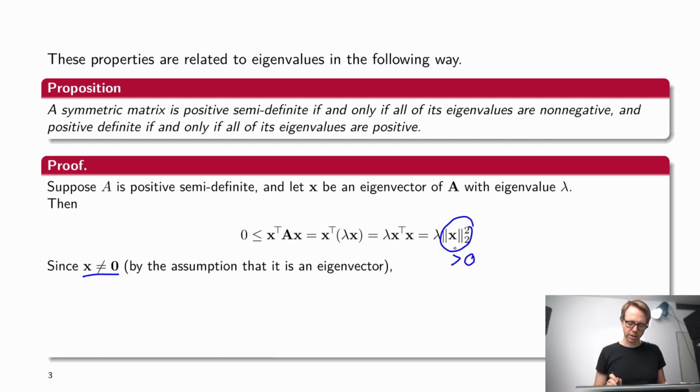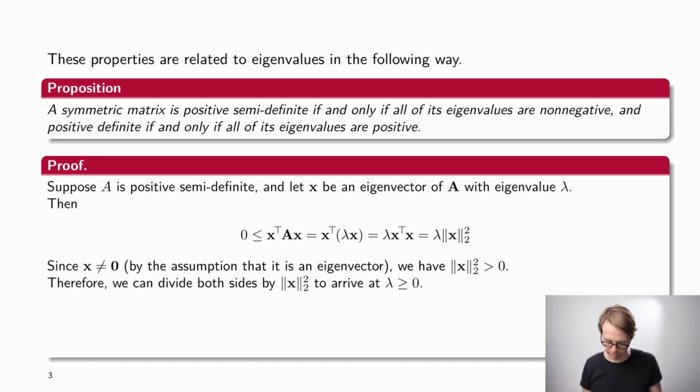And because this term is larger than 0, the eigenvalue that we multiply it with has to be larger or equal to 0. Because if we plugged in a negative number here, this inequality would be violated. So if we divide both sides by the squared norm of x, we have exactly the statement, namely that lambda is larger or equal to 0.